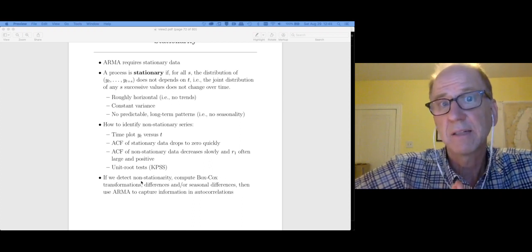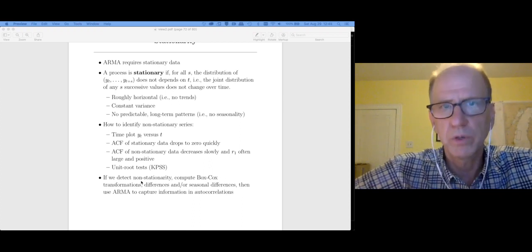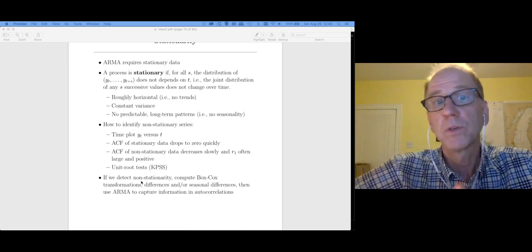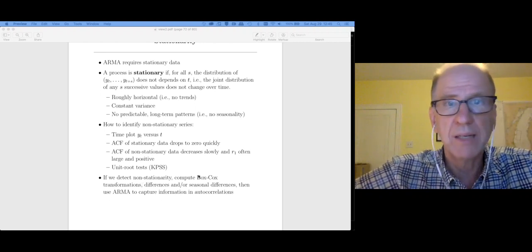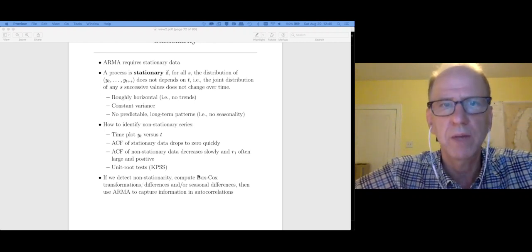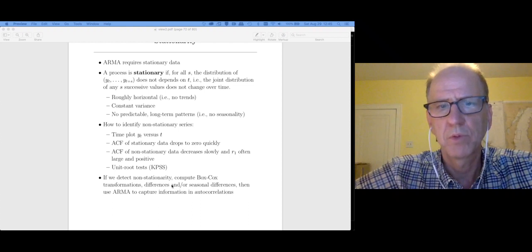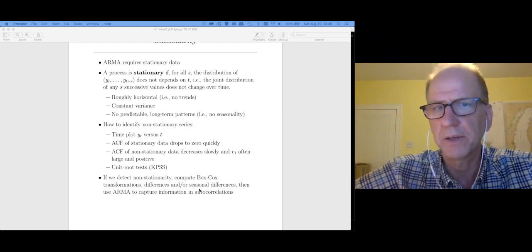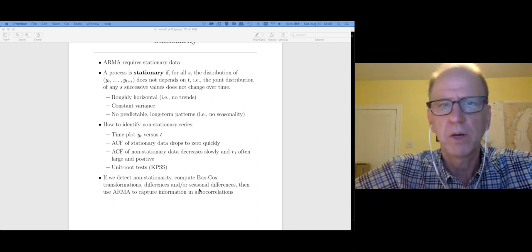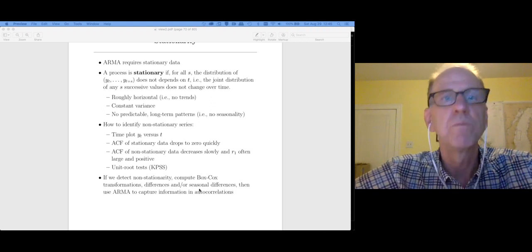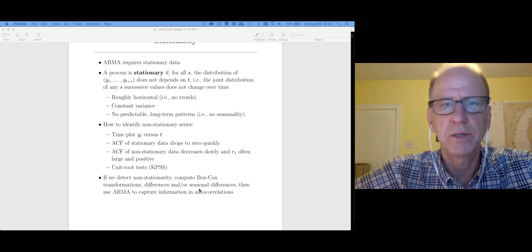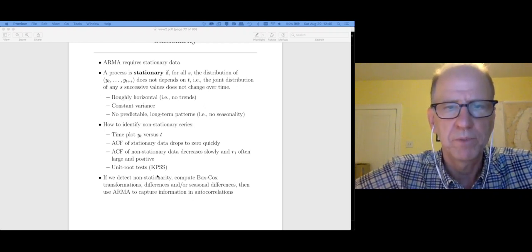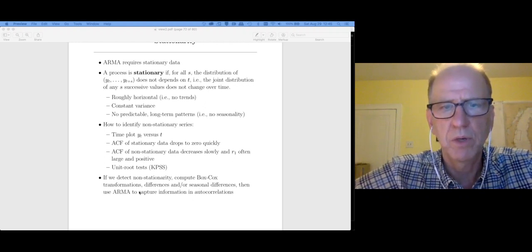If we detect non-stationarity, what do we do? We're going to use Box-Cox to avoid non-constant variance, and then we'll do various differences to address trends and seasonality. Finally, once we've removed the non-stationarity, we'll go to ARIMA. So that's a summary of where we're going.